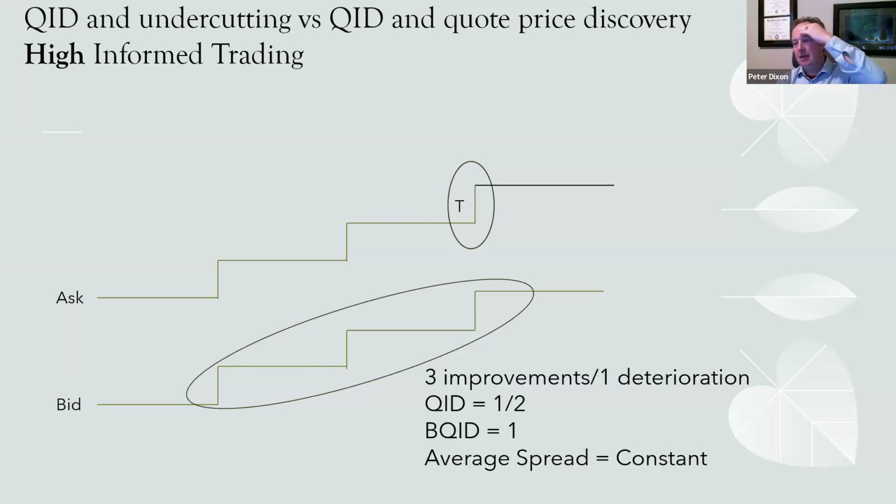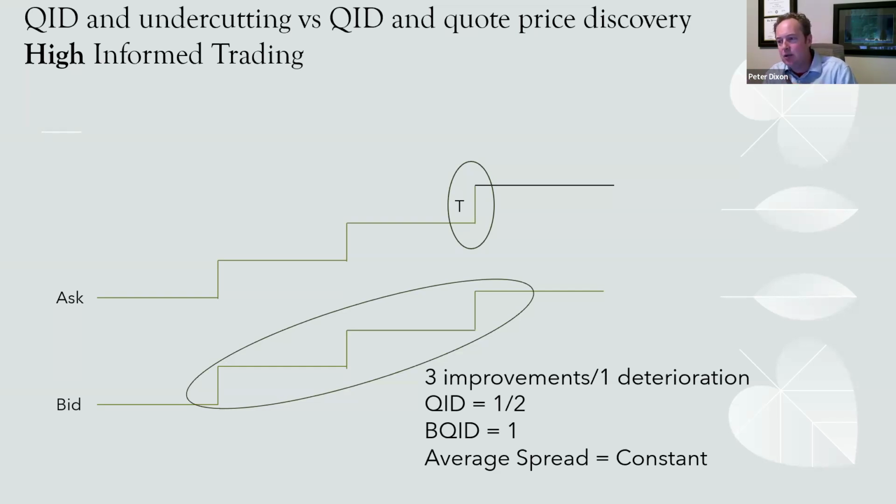That would give you 3 improvements and 1 deterioration, which would give you a quid of 1/2. So if information moves from being less salient to more salient, you could see a decreasing quid mechanically through this quote price improvement story. That wouldn't change the validity of the measure, but it would change the mechanism.